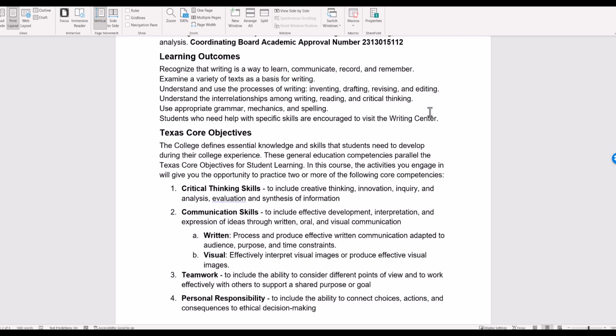Teamwork, to include the ability to consider different points of view and to work effectively with others to support a shared purpose or goal. Personal responsibility. This included the ability to connect choices, actions, and consequences to ethical decision making.